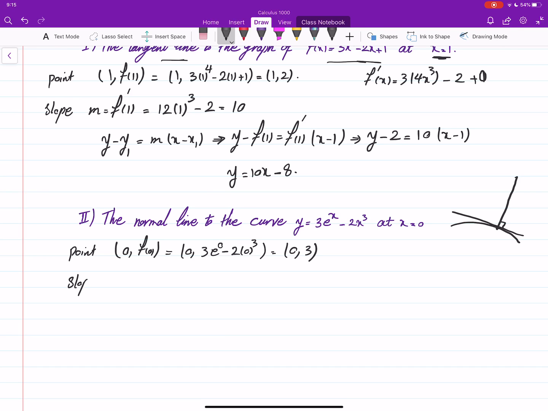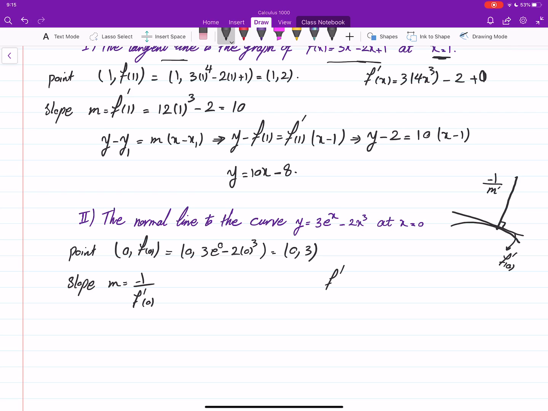Slope, however, the slope for the tangent line is f prime. So the slope for this guy is f prime at 0. But we know that the slope of a line which is perpendicular to another line will be negative 1 over the slope of that one. So in this case, the slope of the normal will be negative 1 over f prime at 0.